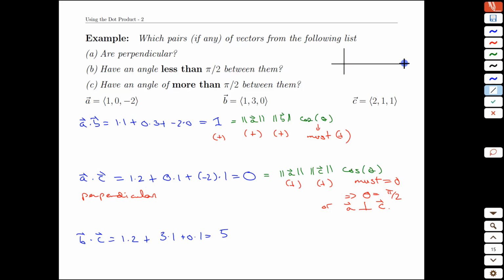Now let's think about that for a moment. If we talk about the cos graph, we talk about angles, the cos graph starts at 1, goes down, at 90 degrees or pi over 2 radians it hits 0, and then it goes negative. If that's the case, then if we're going to have a cos of an angle and it's going to be positive, the only way to have that happen is to have a theta in this range here.